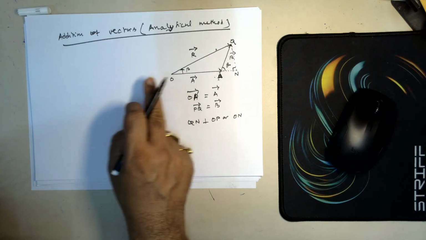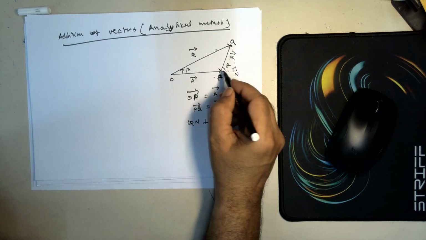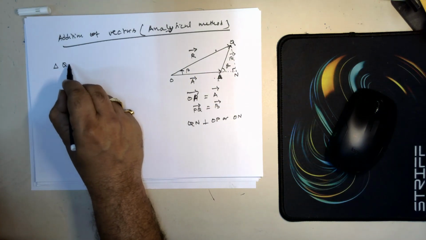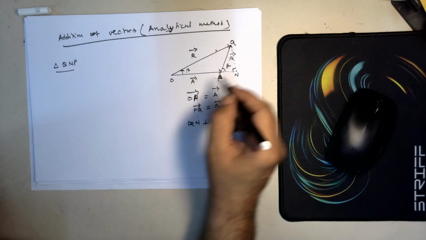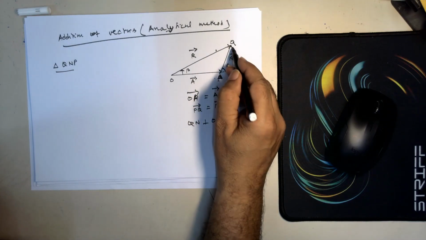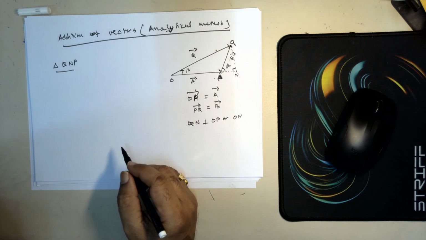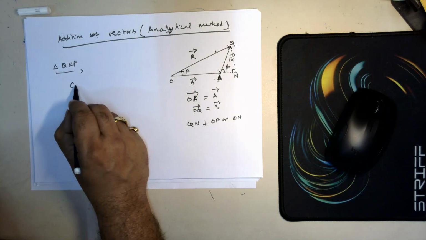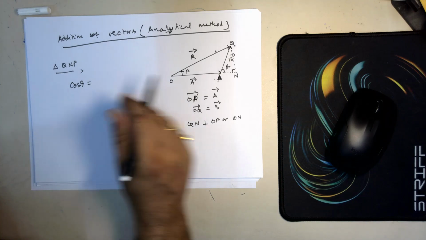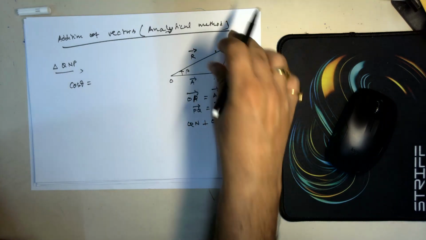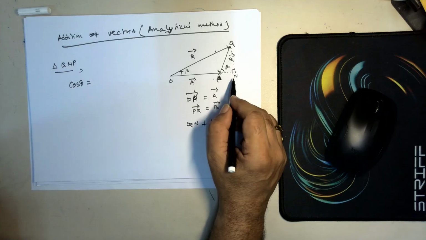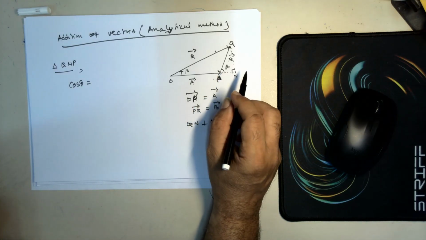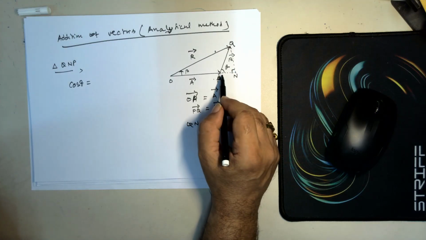Now consider the triangle QNP. Now, what is cos theta? Adjacent by hypotenuse, right? So this adjacent means which one? PN.